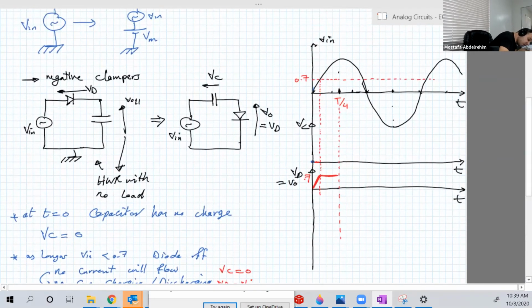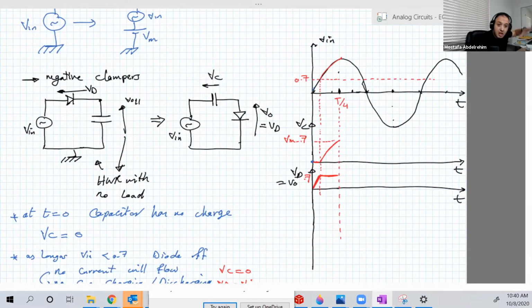So it will just charge like this, following the input until it reaches Vmax minus 0.7. We didn't do anything new. This is what we studied two lectures ago on Tuesday. But at that time, we didn't draw or sketch VD.